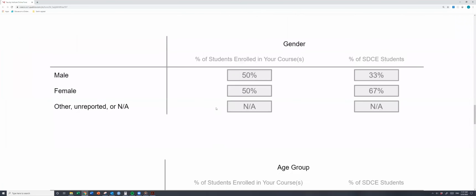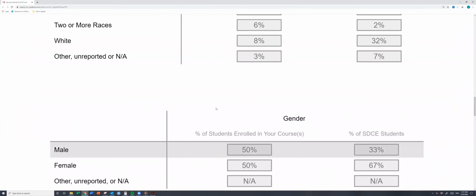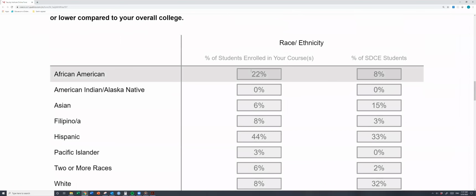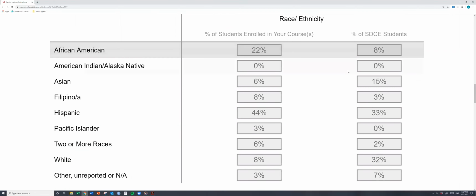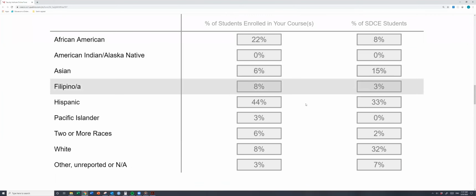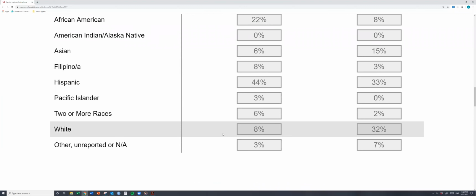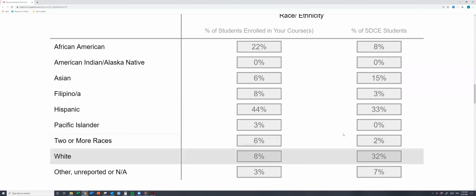So for example, as I'm looking at my data, I see that the percentage of African American students in my class is higher than the one for SDCE. Also, the percentage of white students in my class is lower than the one in SDCE.